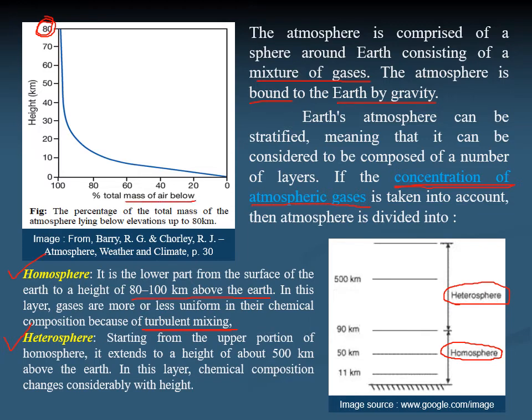That means most of the atmospheric gases occur in the homosphere layer, and that results in the mass of air within the homosphere being nearly 100%. In the heterosphere, the concentration of atmospheric gases is very low.